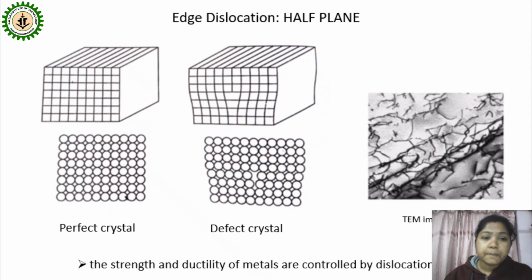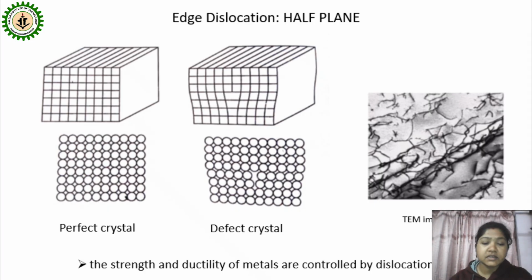Here you can see this is the perfect crystal, and there is a defect crystal. There is a missing of some atoms, and this is the defect crystal. The strength and the ductility of the metals are controlled by this dislocation. So this is the strength and ductility.